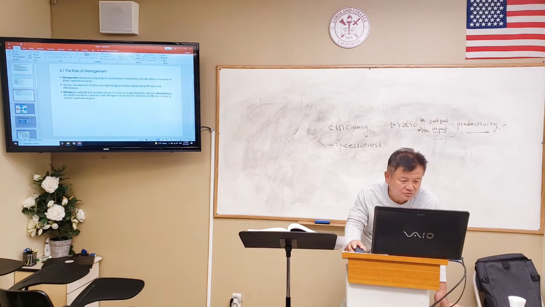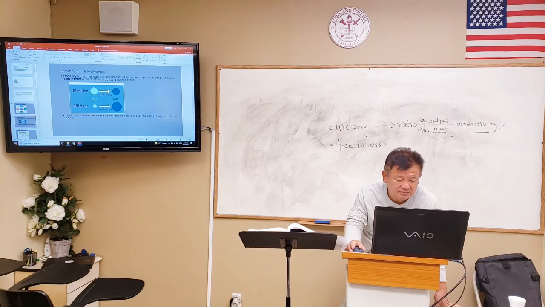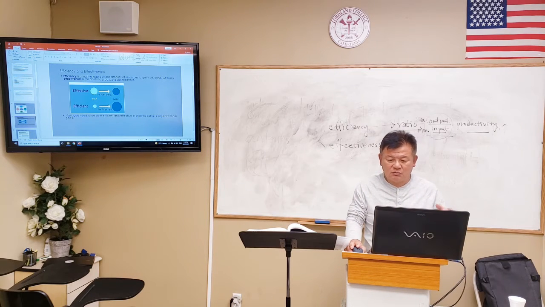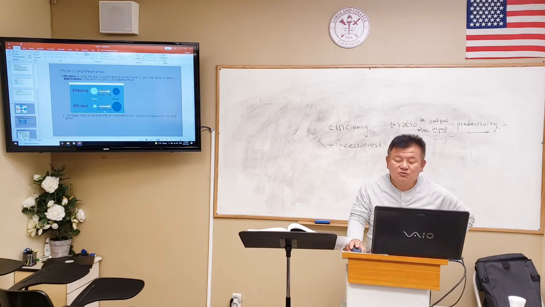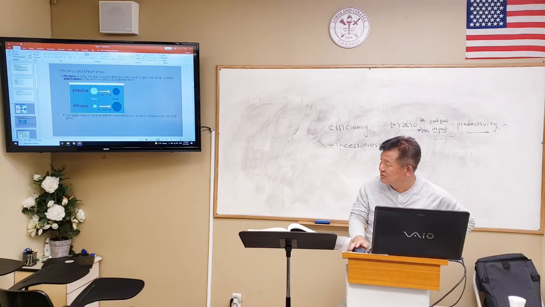Okay, let's move to efficiency and effectiveness. Explain the illustration. Efficiency is using the least possible amount of resources to get work done, whereas effectiveness is the ability to produce a desired result. Effectiveness is the right things, but efficiency is the things right. That means it's a ratio concept.